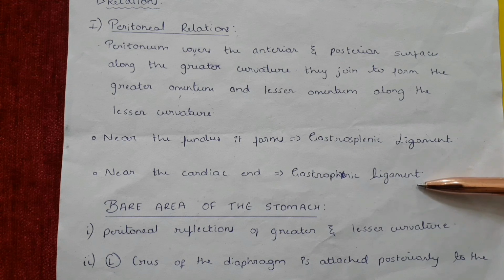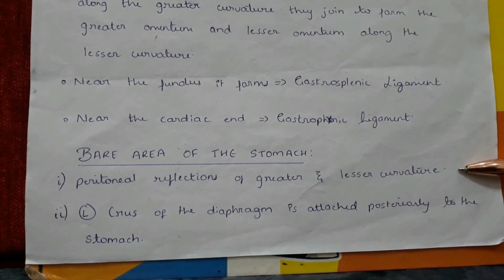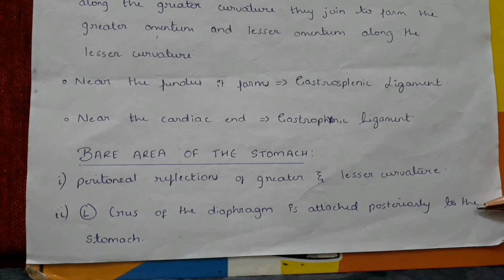Near the cardiac end, it forms the gastrophrenic ligament. Bare area of the stomach includes the peritoneal reflections of the greater and the lesser curvature. The left crus of the diaphragm is attached posteriorly to the stomach.